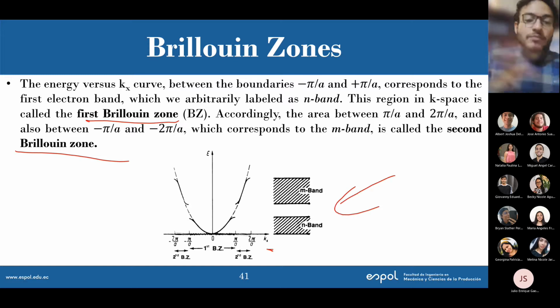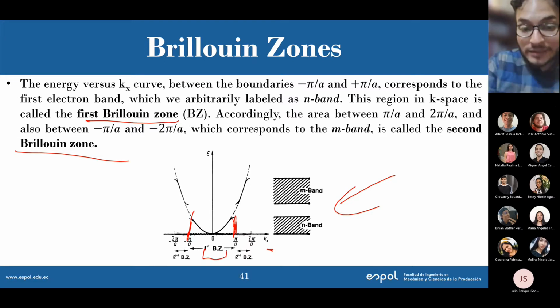Let's just look at this graph, and I'm going to mention again something that I already did. This part, from here to here, that's basically the first allowed values of energy, right?